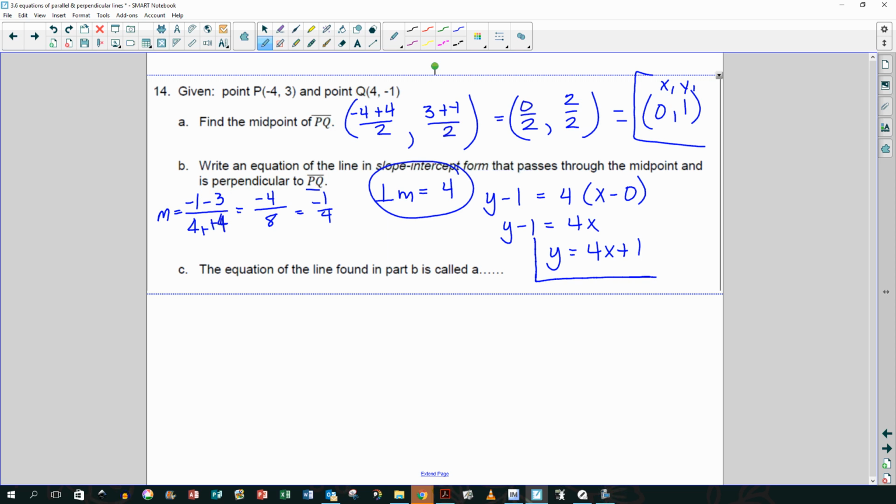So there is my perpendicular line. And it goes through the midpoint. Well, remember, if it's going through the midpoint, it's bisecting it. So this is a perpendicular bisector.